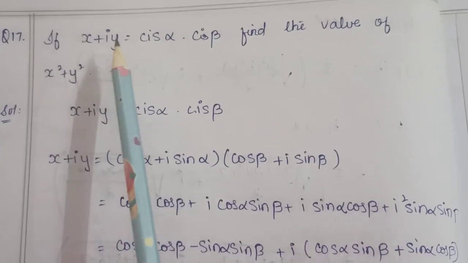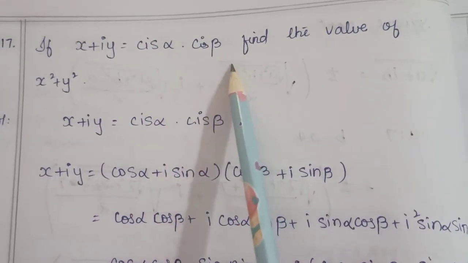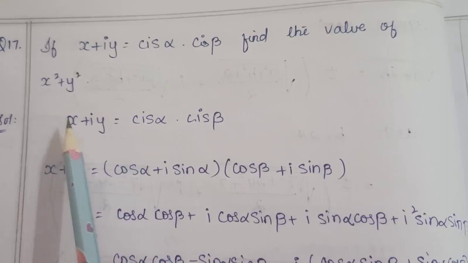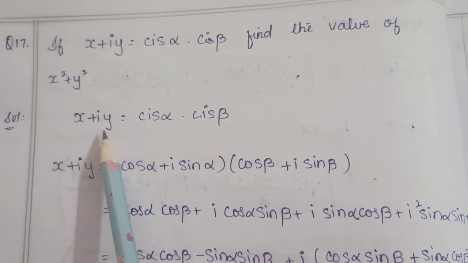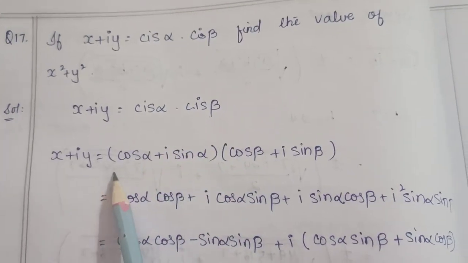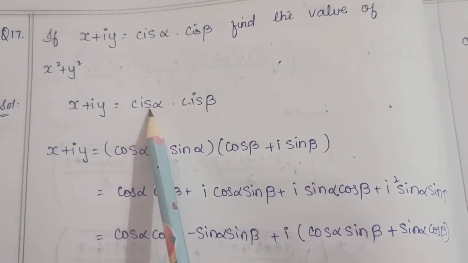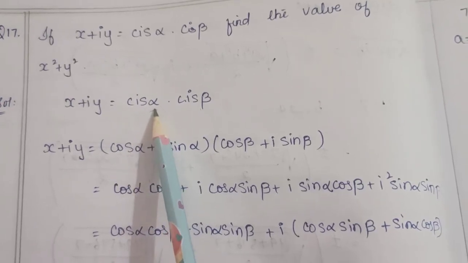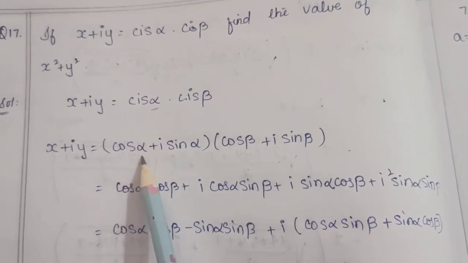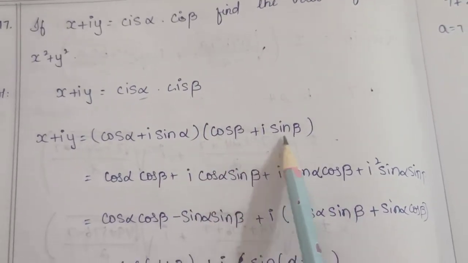Question number 17. If x plus iy is equal to cis alpha into cis beta, find the value of x square plus y square. Given x plus iy is equal to cis alpha cis beta. Cis theta is nothing but cos theta plus i sin theta, but here theta is alpha, so cos alpha plus i sin alpha. For cis beta, cos beta plus i sin beta.